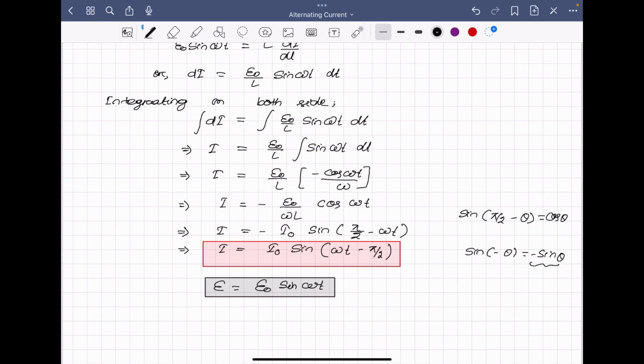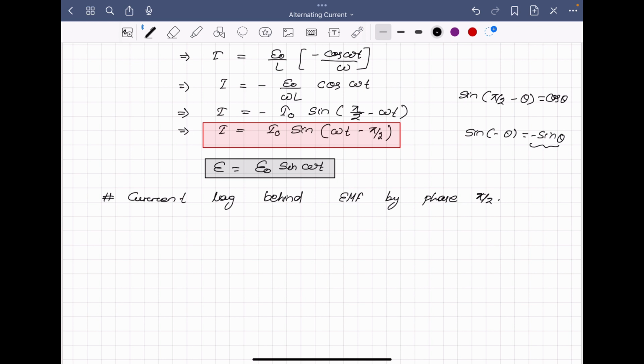So here you can say the phase of current lags behind the EMF. Okay, here you can write. In inductor, current lags behind EMF by phase pi by 2, or you can also say EMF leads current by phase pi by 2. Okay.